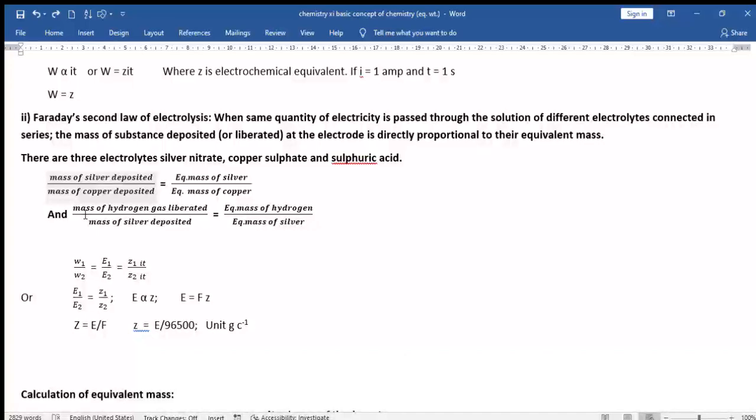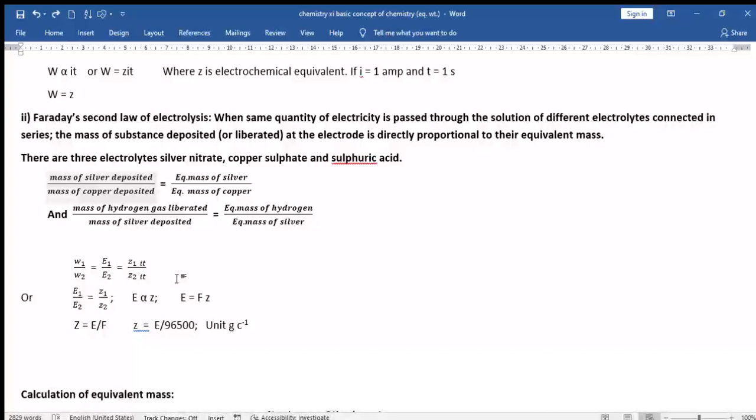Similarly, the mass of hydrogen produced at the cathode and the mass of silver deposited at the cathode have the same ratio as the equivalent mass of hydrogen and equivalent mass of silver. So we can also write it like this: W1 by W2 is equal to E1 by E2.